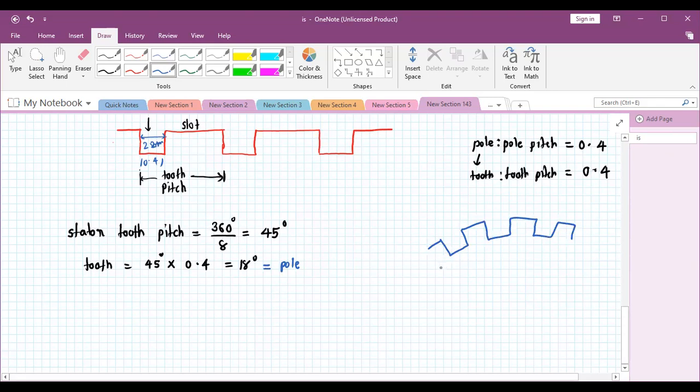Okay, so this is a tooth, and it is spread up to 18 degree in terms of degree.